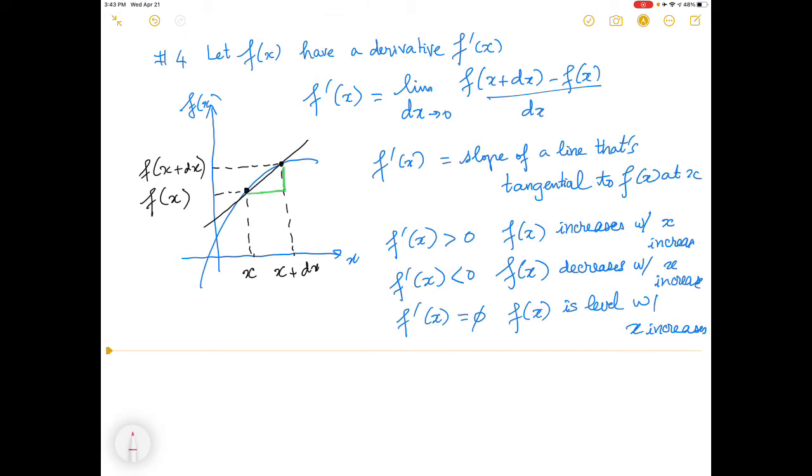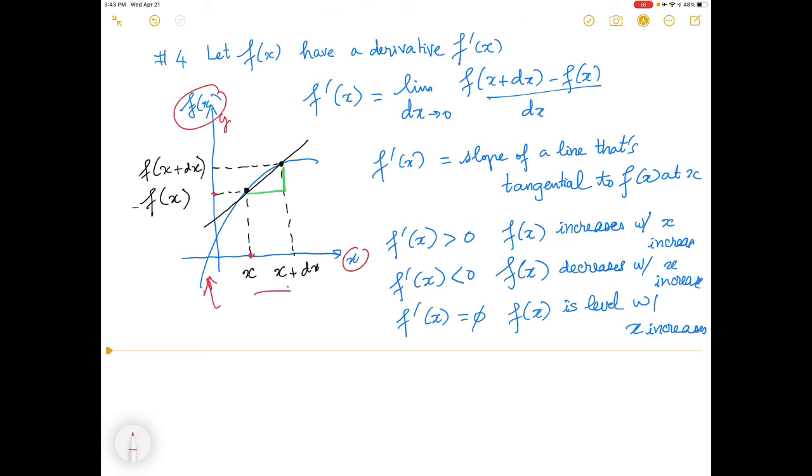So given a function f of x, I can draw a line which is this line right here. The way that you calculate a derivative of this function is you pick a point x, the point of interest. You have a value on the y-axis called f of x.